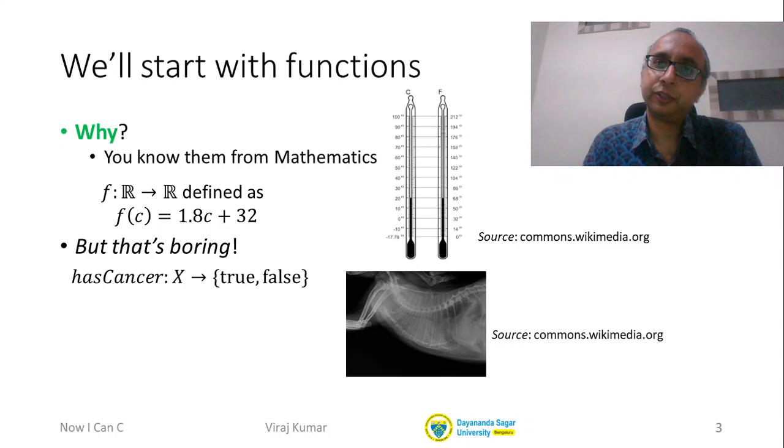So here is a function that can do amazing stuff. I mean, if we can write such a function, this could really save lives. It could also destroy jobs. So this kind of a function is very interesting. We would like to know if we can write such a function. Now, let me promise you that I said I'm going to cover only the basics. I'm not going to teach you how to write such a function.